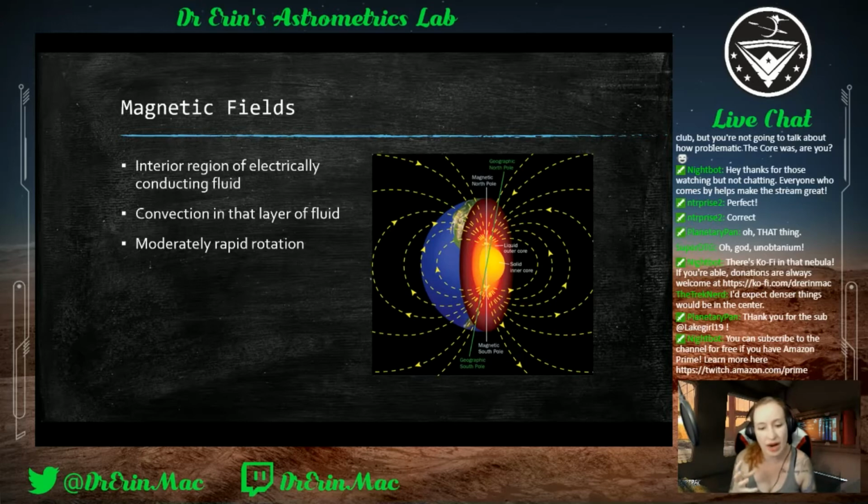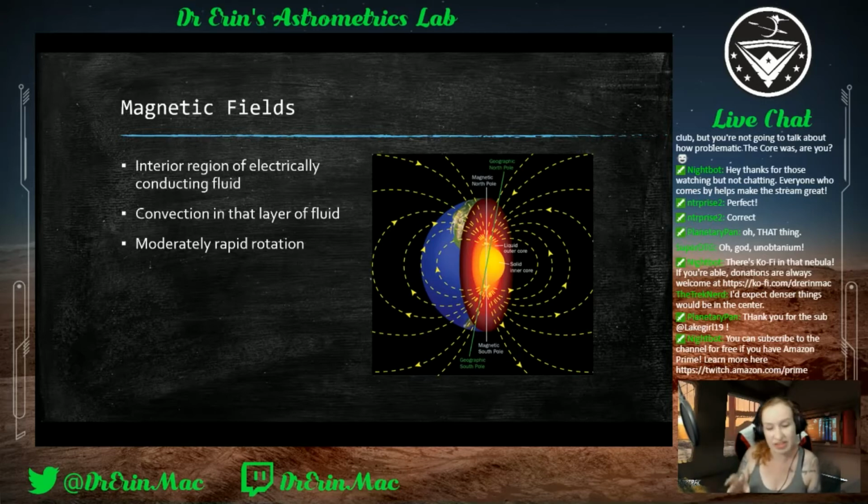So I guess it's important to note that if you don't have this electrically conducting fluid, a liquid part of your core, that's the main component, because you have to have a dynamic process happening in order to generate a magnetic field. If you don't have that, you're not going to get this magnetic field.